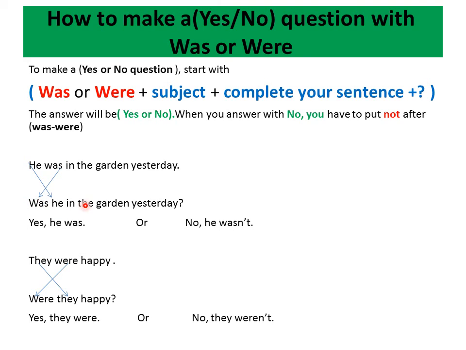Was he in the garden yesterday? Yes, he was. Or no, he wasn't. They were happy. Start with were. Were they happy? Yes, they were. Or no, they weren't. So we said that was or were, then the subject, then complete your sentence to make a yes or no question.